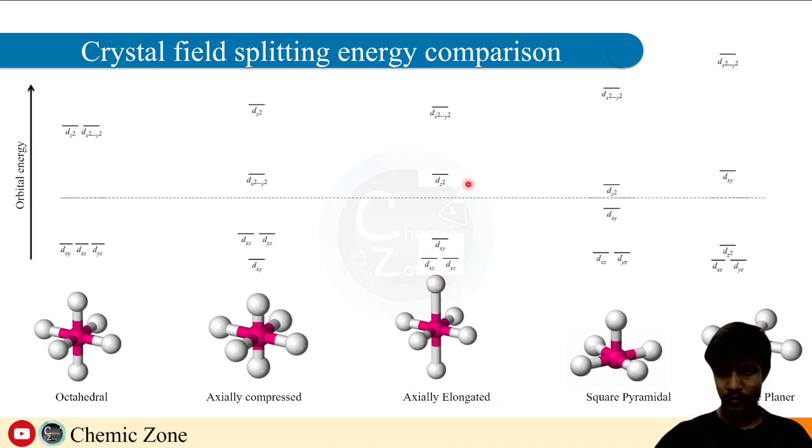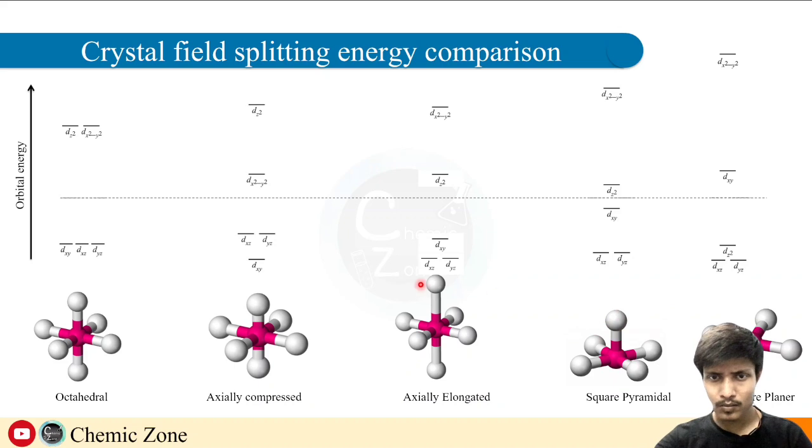When we remove both of these ligands from the metal complex, it becomes a square planar complex. Since we are removing two ligands from the metal complex, there is no ligand present in the z direction.